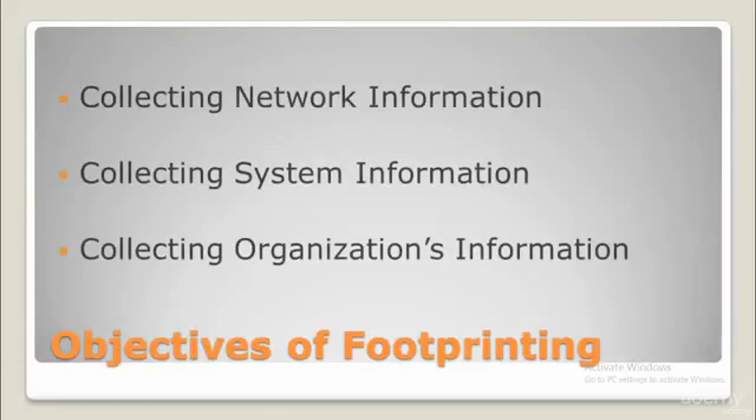So coming back to the next point, there are a few objectives of footprinting. The major objectives of footprinting include collecting the target's network information, system information, and organization information. By carrying out footprinting at various network levels, you can gain information such as network blocks, network services, applications, system architecture, intrusion detection systems, specific IP addresses, access controls, and many more.